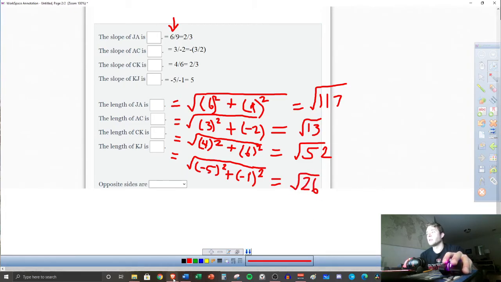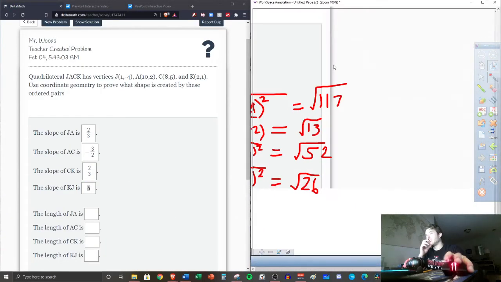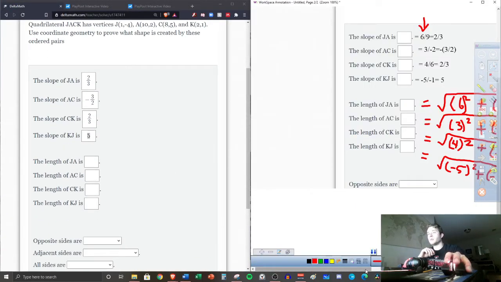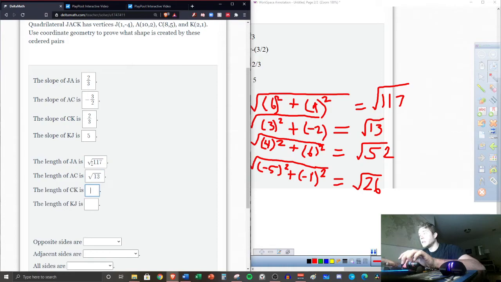So let's put all of those in. All right, so put in our lengths, SQRT. We have 117, 13, 52, and then 26.